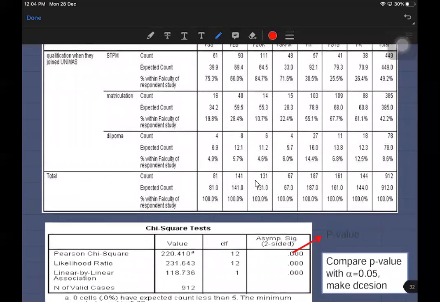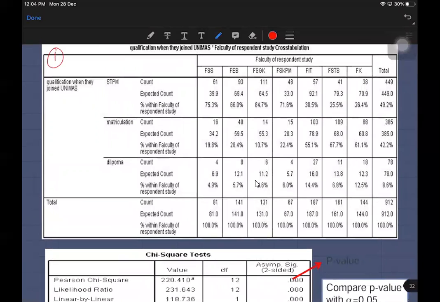Here, the first table is the descriptive statistic. This is the observed value, the count. And here is the expected count or expected value. The symbol that we use in the formula, O, observed value, is the count.